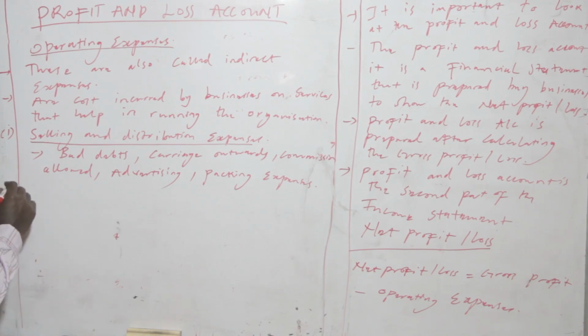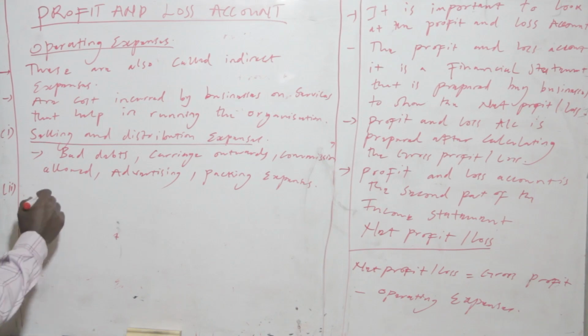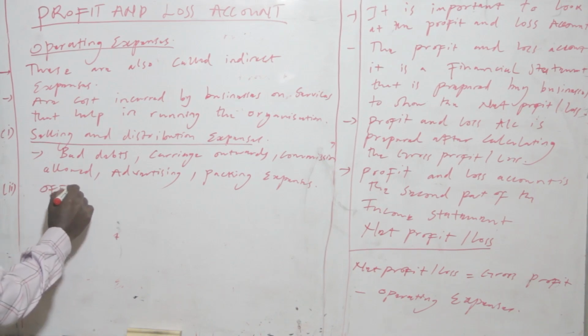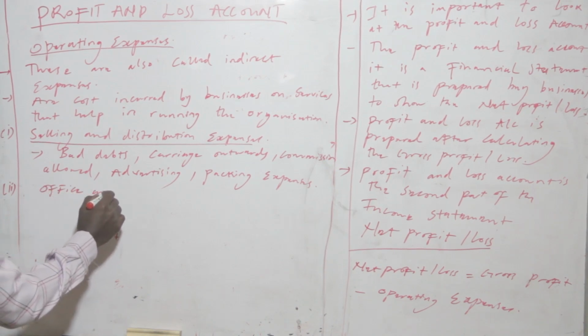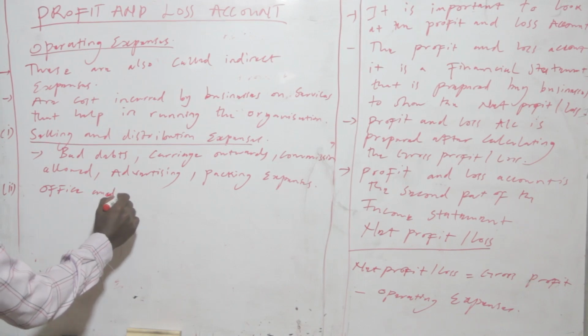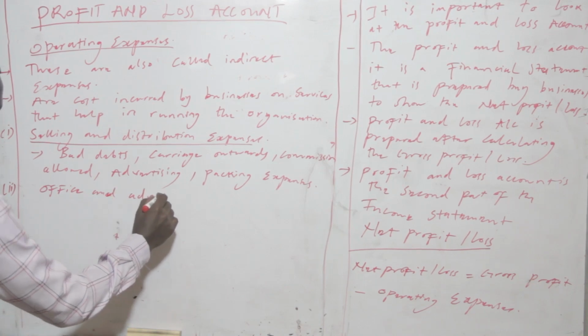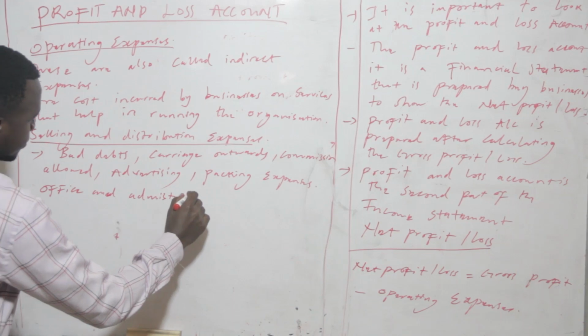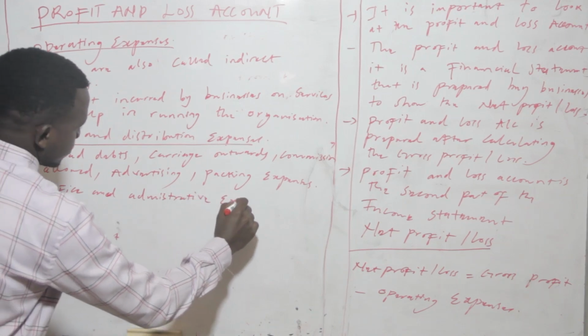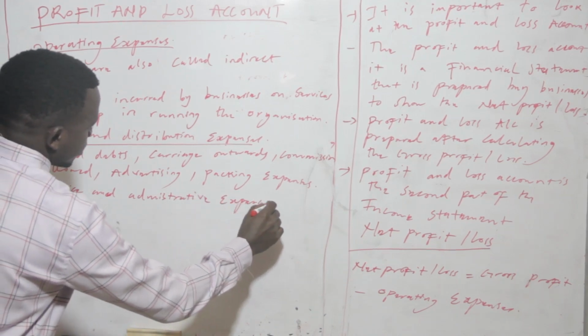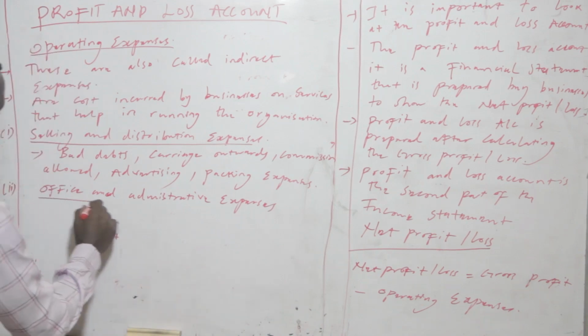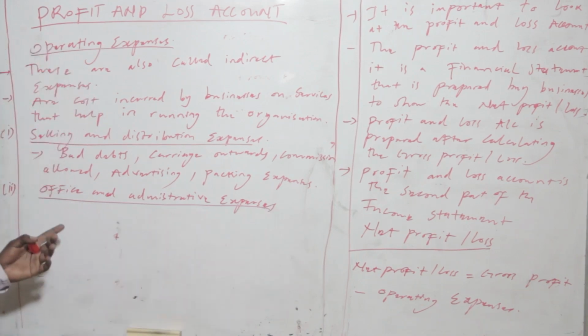Let us look at the second type of operating expenses. Here we have office and administrative expenses. When we talk about office and administrative expenses, what do we mean?